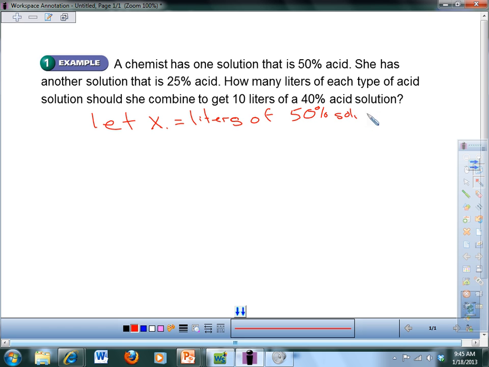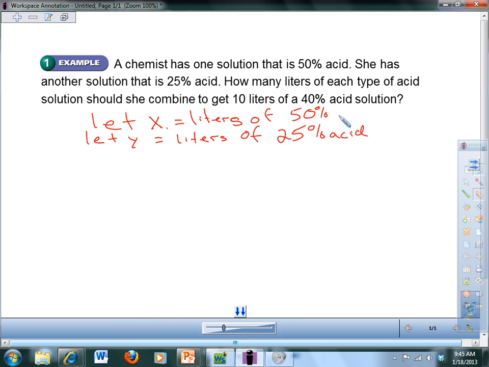And then you always have to set up variables, because you have to know what your variables stand for before you start. Okay, let Y equal liters of the 25% acid, that should say acid, not solution. So I'm going to erase this and put acid.